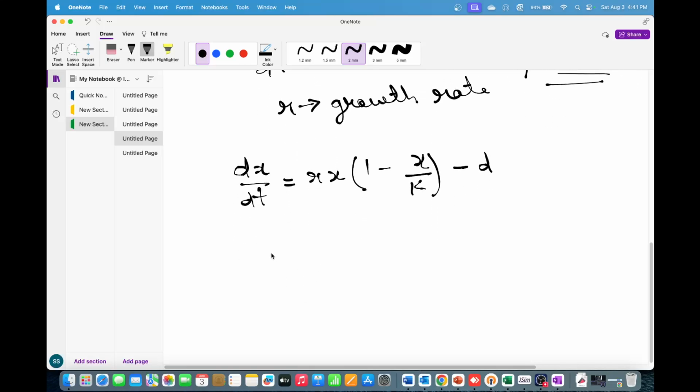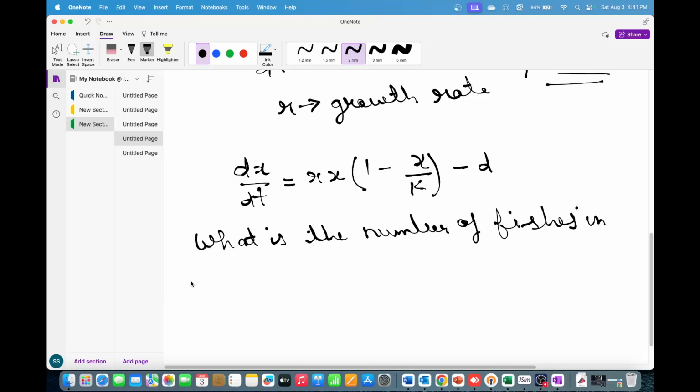Now suppose you are asked: what is the number of fishes in the tank at steady state?